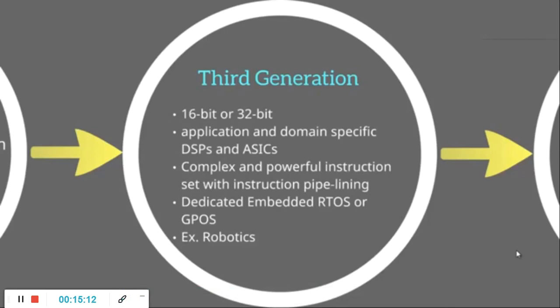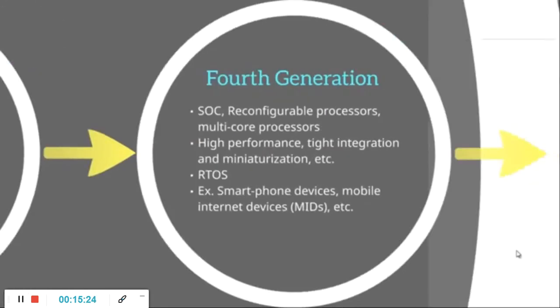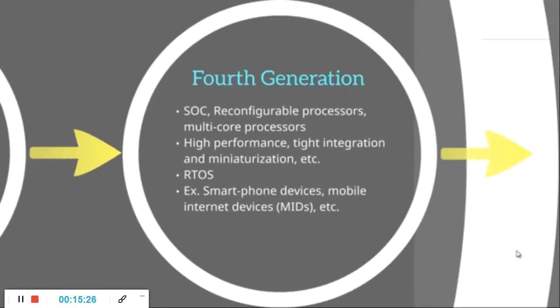And the last one is the fourth generation of embedded systems. Now, SoC, reconfigurable processors and multi-core processors are commonly used in the fourth generation. SoC means system on chip, and the embedded systems have high performance and tight integration of peripherals on the same chip.